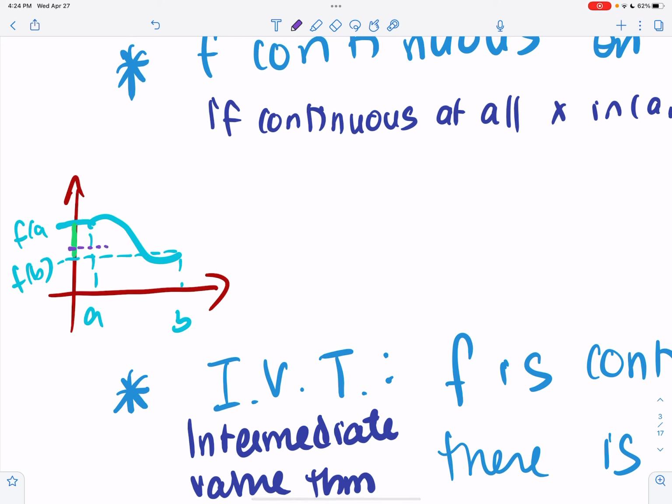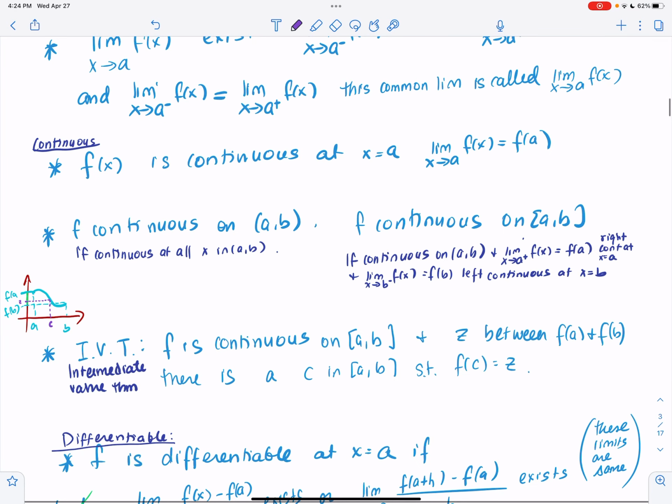Then there has to be a c between a and b where f of c is equal to that z value. Okay, so that's what the intermediate value theorem says. You have a function continuous on a closed interval. Pick any value between f of a and f of b. There is a c such that f of c is that value. Okay? So those are the main concepts in continuity.